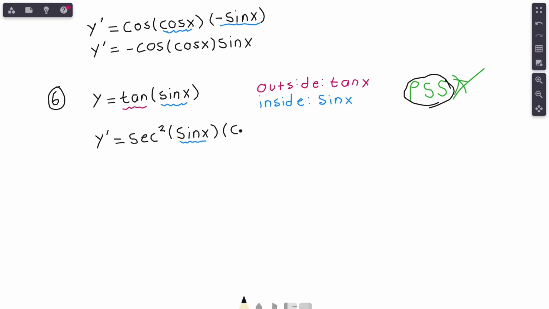So we got to multiply by cosine x. And that's our derivative. The only thing I would do here is I would get rid of the parentheses around cosine x, make it look a little bit nicer. So I would write this as secant squared of sine x times cosine x.